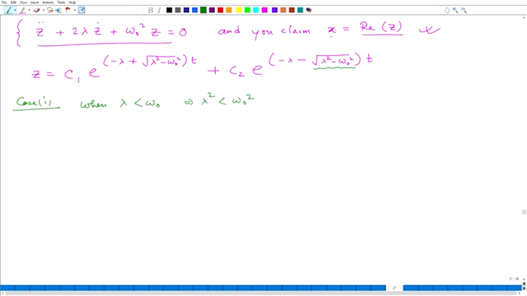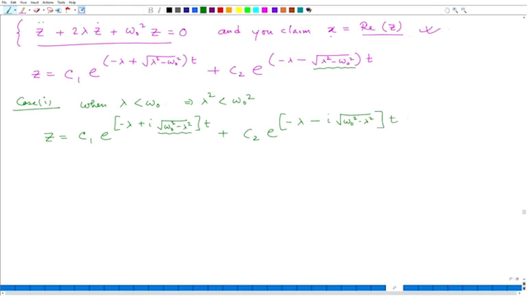If you have this, then the best way to write z is z equals c1 e to the minus lambda plus I root over omega 0 square minus lambda square. This part is of course real according to our condition, plus C2 e to the power minus lambda minus I root over omega 0 square minus lambda square t.